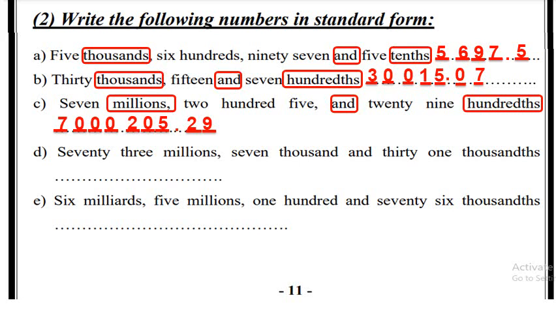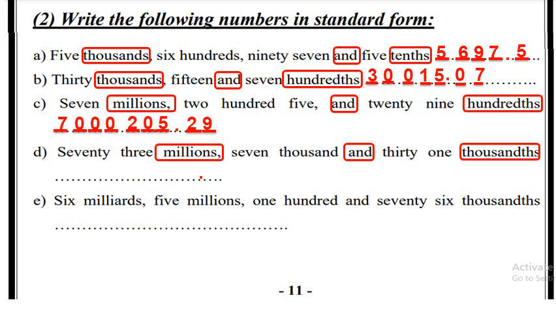Now in letter D, we have 73,007,031 thousandths. So here million is the greatest family, and decimal point, thousandths, which means 3 decimal places. And now let's put the decimal point, put the dashes in the whole part till we reach what? Till we reach the million.